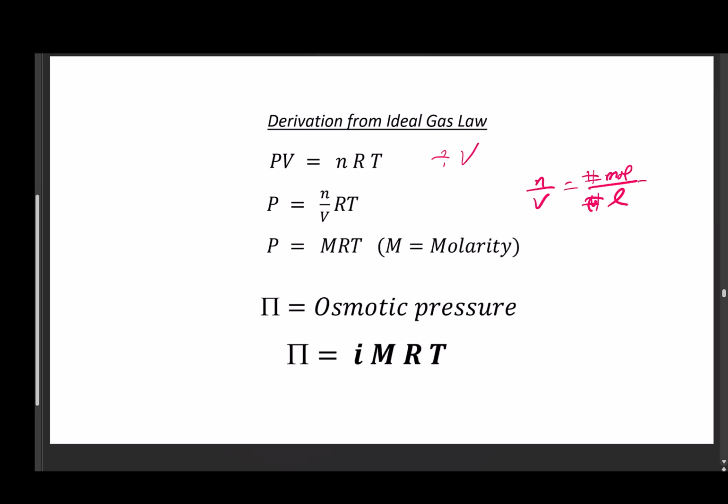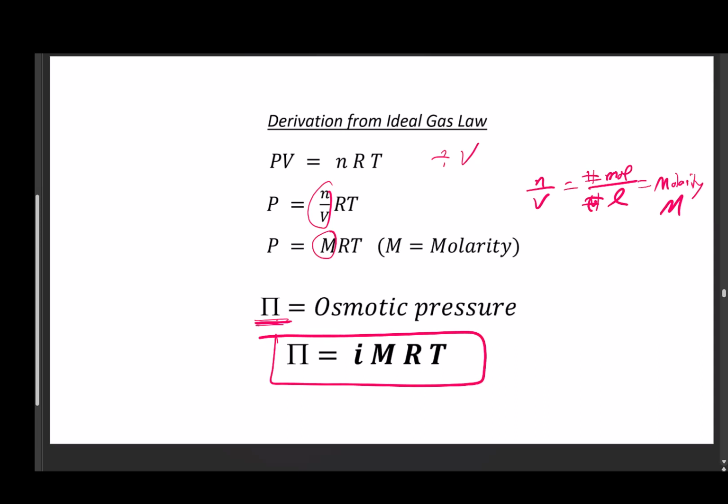Isn't that the same as molarity? It is, which we give the uppercase symbol M. So we'll replace n over V by M, molarity. And we end up with this equation here. To make it different from the ideal gas law, we'll use the Greek symbol for pressure, pi. So that becomes our osmotic pressure, and this is the osmotic pressure equation.